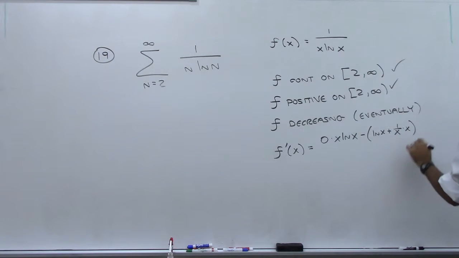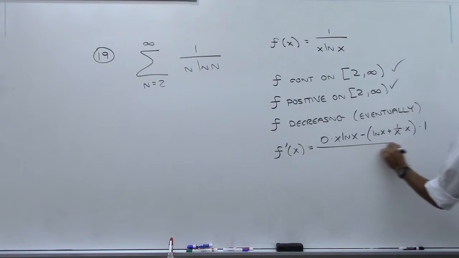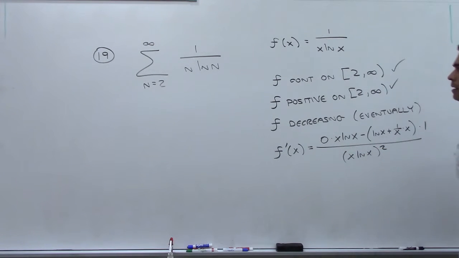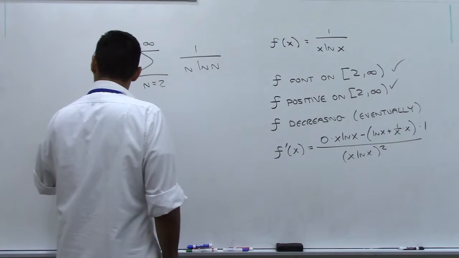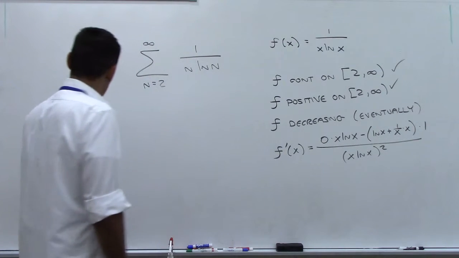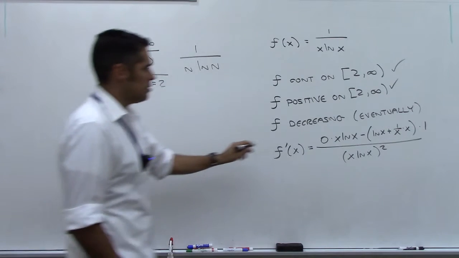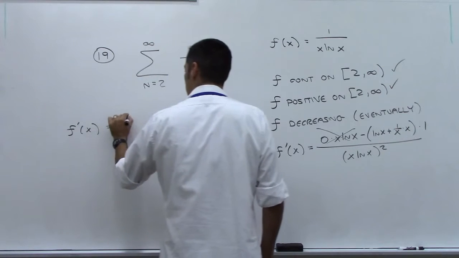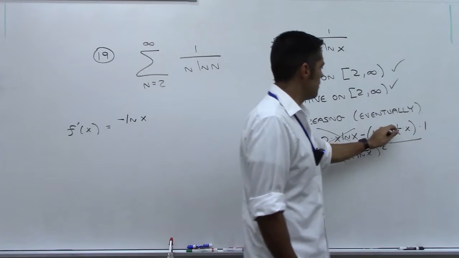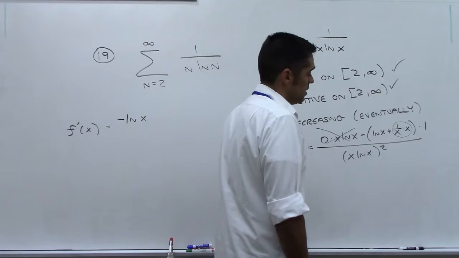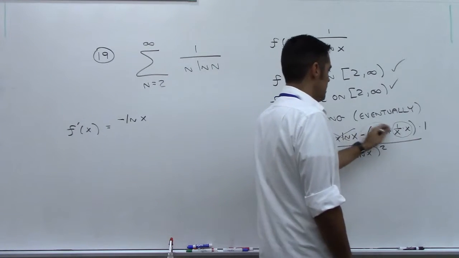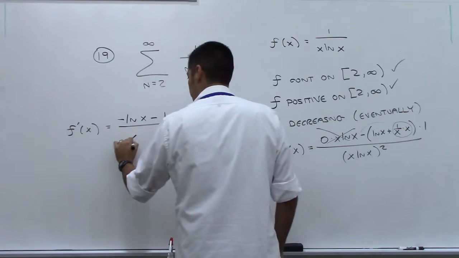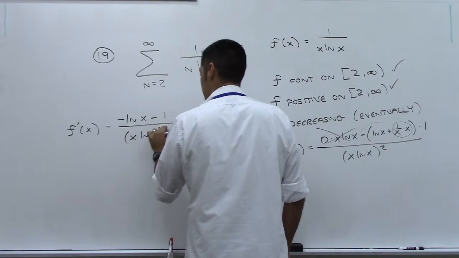And then times the top, all over the bottom squared. And let me figure out what that is. So f prime of x is equal to, let's see, this goes away. I get negative to distribute through, negative natural log x. 1 over x times x is going to give me 1, but I distribute a negative through, so negative 1. Over x natural log x squared.